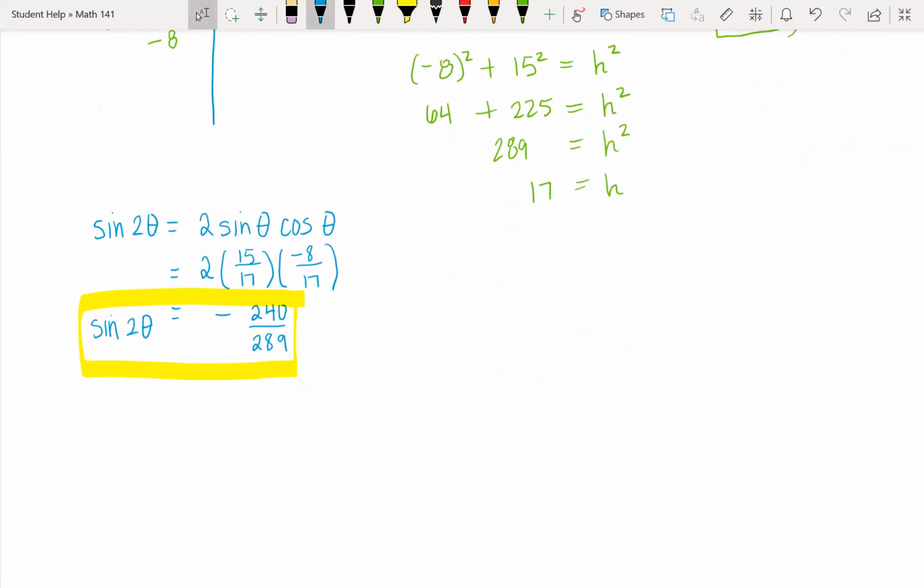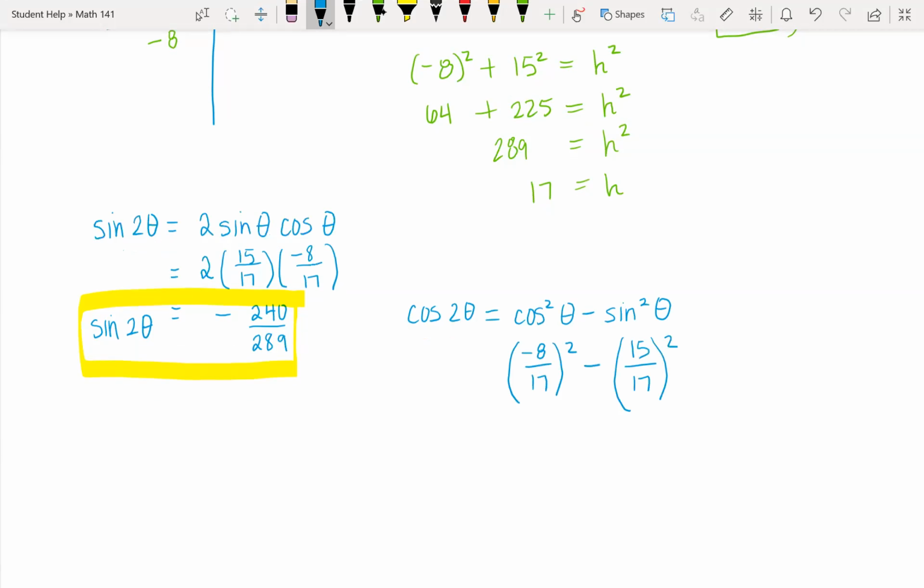And then for the cosine of 2 theta, we can use the formula cosine squared theta minus sine squared theta. So let's see, the cosine we said was negative 8 over 17. We'll square that value. The sine is 15 over 17.